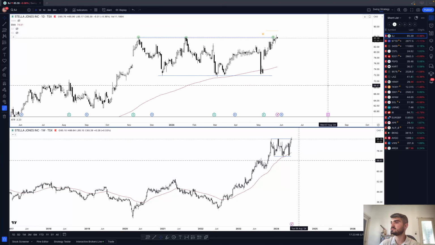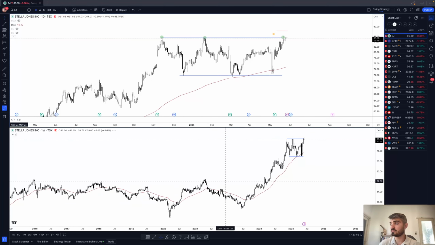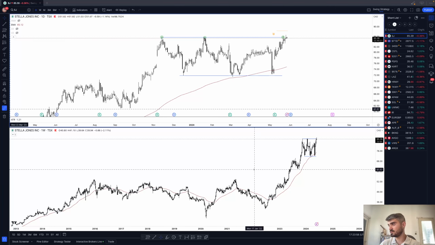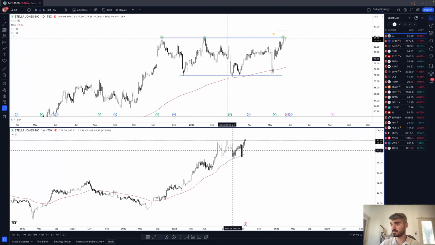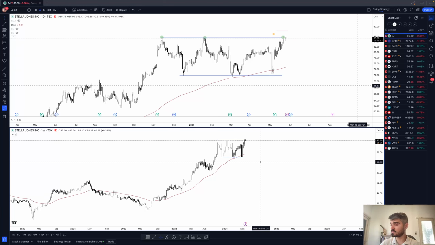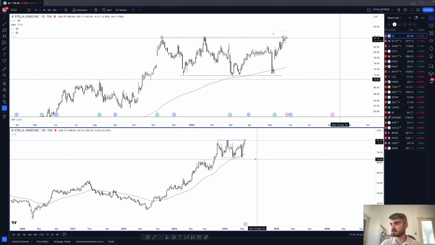So we have SJ, it's a rectangle at all-time highs. In a sense, it might be some kind of distribution pattern, and maybe a path to the downside. So far it doesn't look like that.